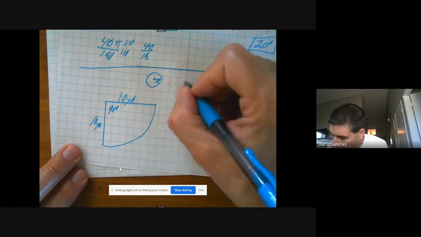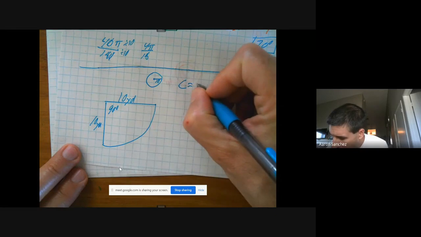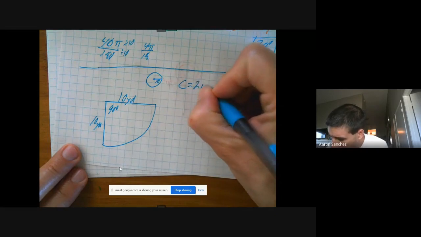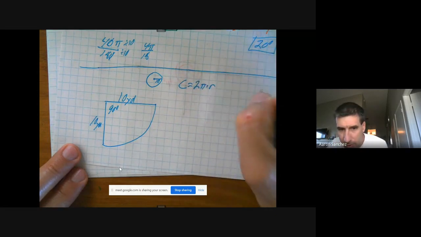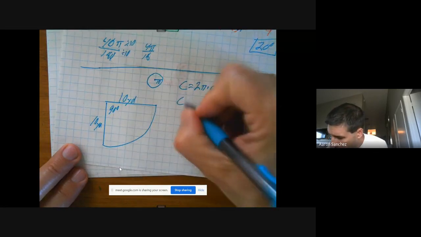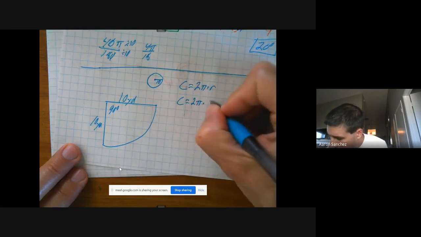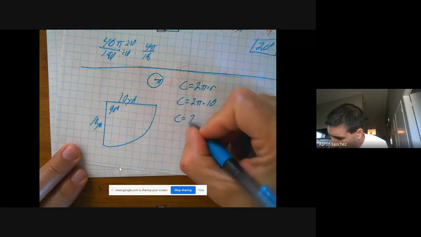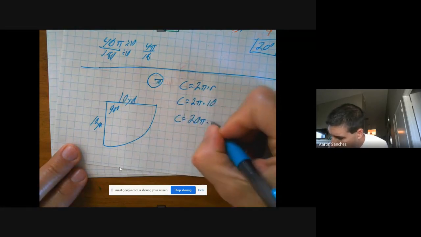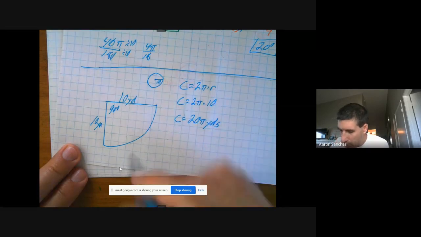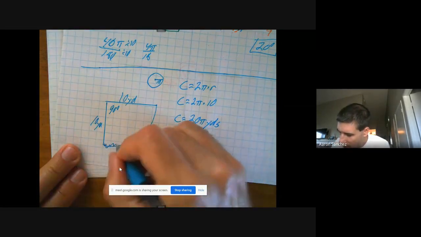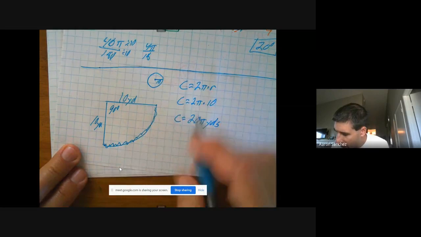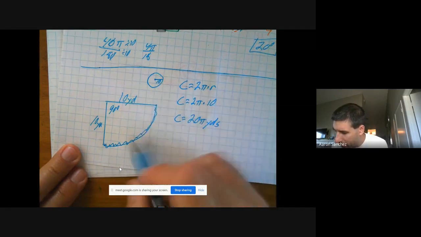So the circumference is 2 pi times the radius, or 2 pi times 10. The circumference of the full circle is 20 pi yards. But what would the length of this be? If the whole thing's 20 pi, what would the length of that be?